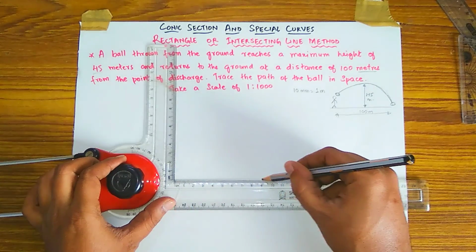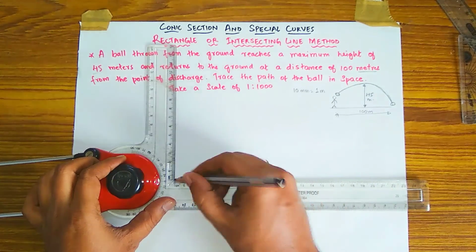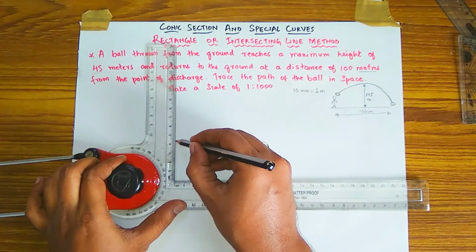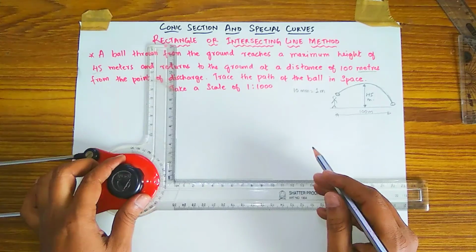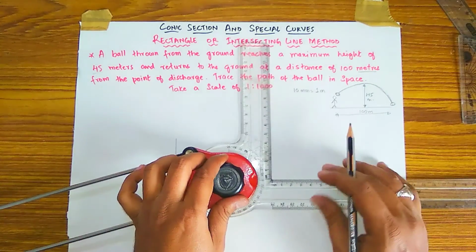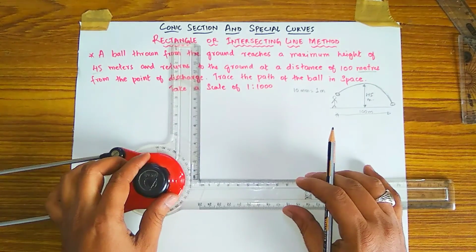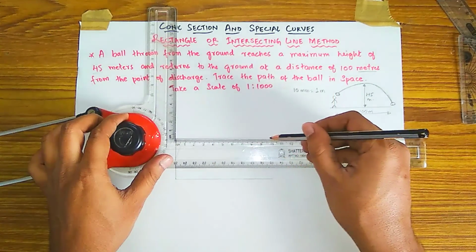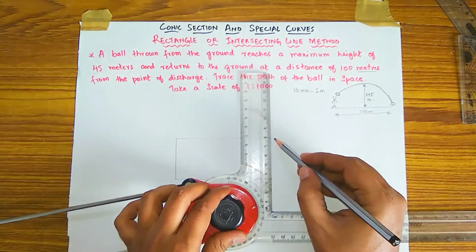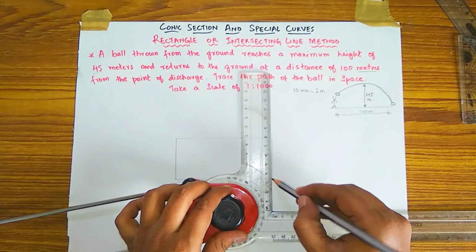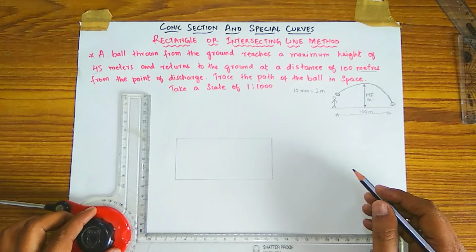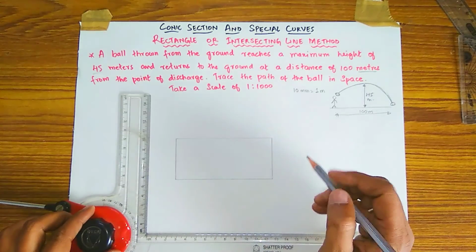First you draw a rectangle: the length is 100 meters, that is 10 centimeters, then the height is 45. This rectangle is drawn, and we have to draw the parabola.